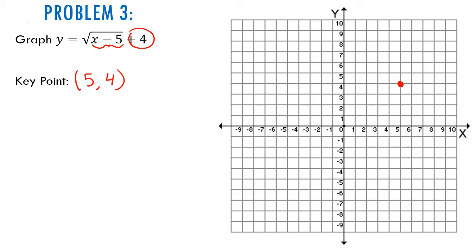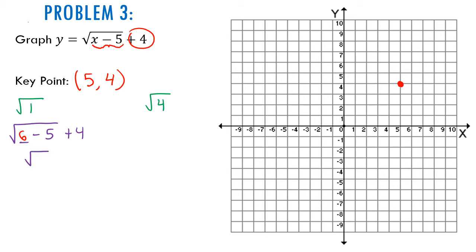All right, and then we want to create 2 more points, and we're going to do that by trying to create a square root of 1 and then a square root of 4. So we go ahead and kind of set it up. We're trying to figure out some number minus 5 that would equal 1. So a number minus 5 that would equal 1 would be 6. 6 minus 5 is 1.